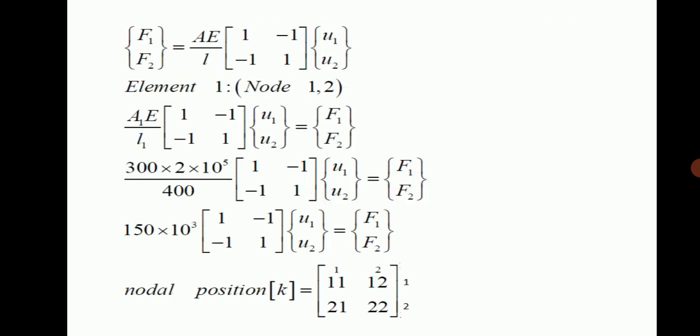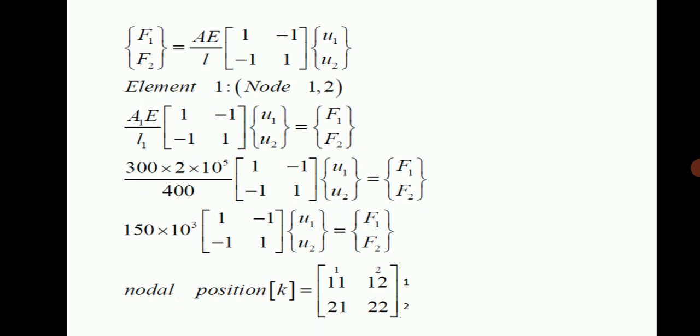So we know the finite element equation of the bar element, that is F1 F2 equal to AE by L, matrix 1 minus 1, minus 1 1, times U1 U2. So we want to consider element 1. When we consider element 1, the nodes should be considered as 1 and 2.